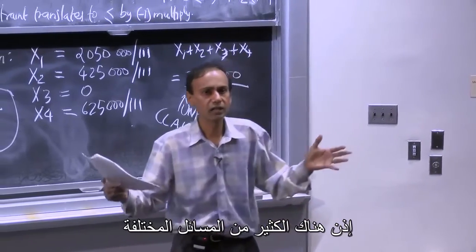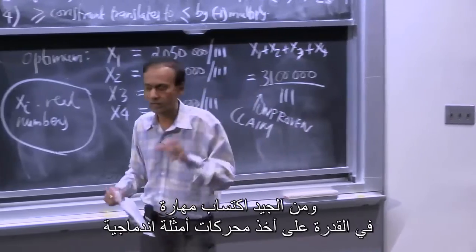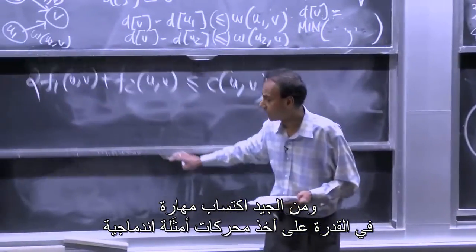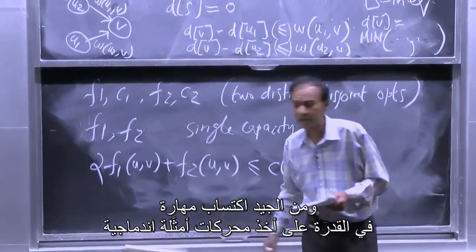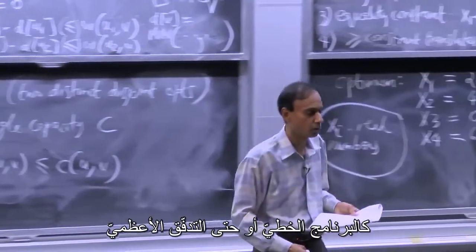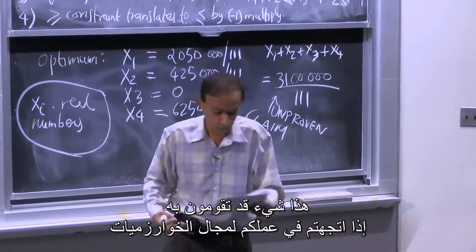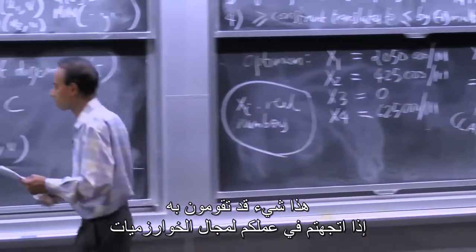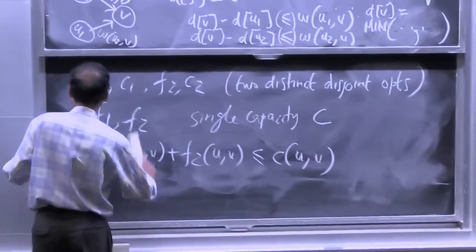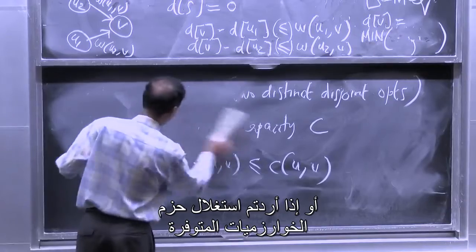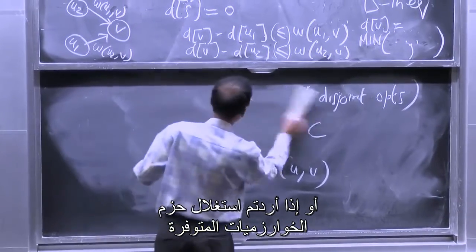So there's just a ton of different problems, a good skill to have to be able to take combinatorial optimization engines like LP or even MaxFlow and be able to translate problems to them. This is something that you'll probably do if you stick to algorithms in your careers, exploiting available algorithm packages.